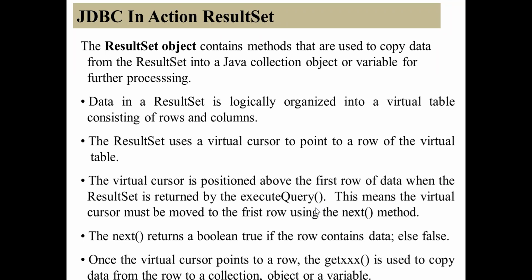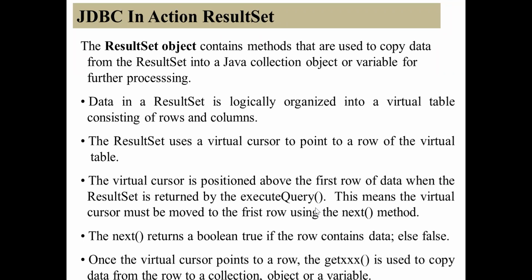It means the virtual cursor must be moved to the first row using the next method. Suppose I want to go to the next row, I use the next method, and then we can access whatever data the virtual table contains in its rows and columns, one by one using the next method.